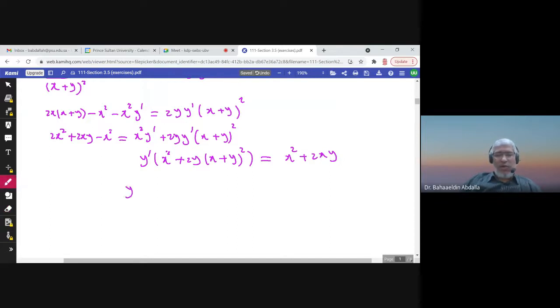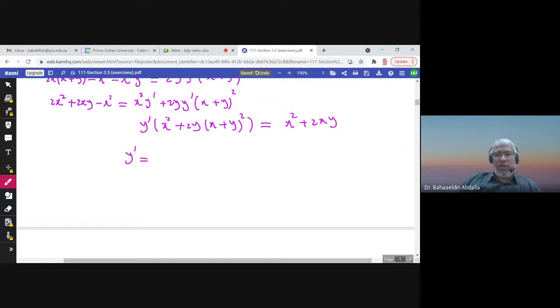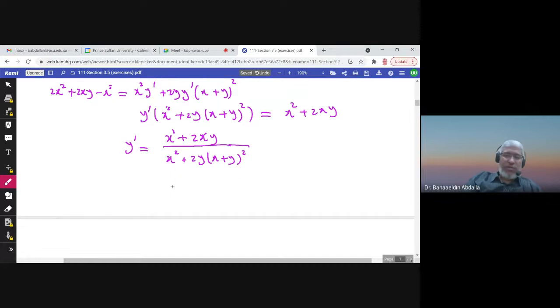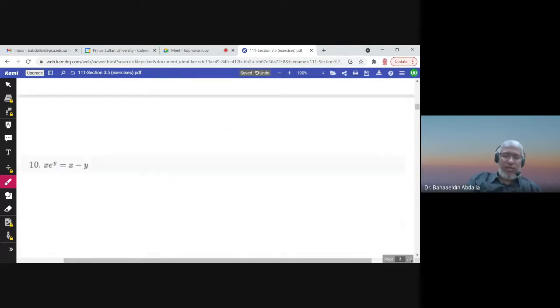So finally, y prime would be divided by the coefficients. So I will have x squared plus 2xy over x squared plus 2y times x plus y to the power 2. And that's the final answer. You cannot simplify more than that.